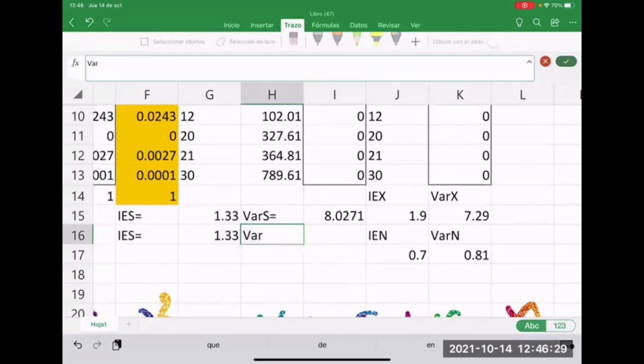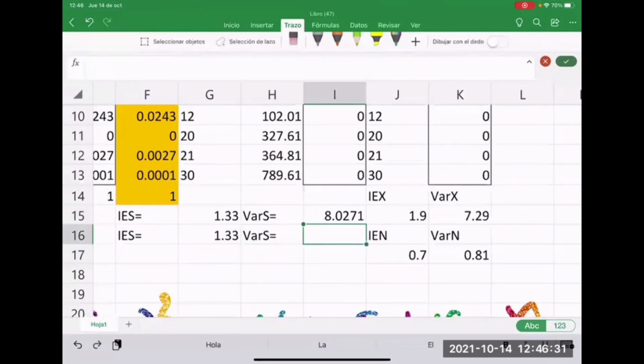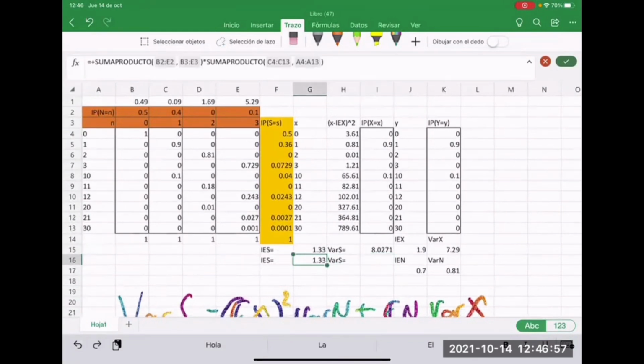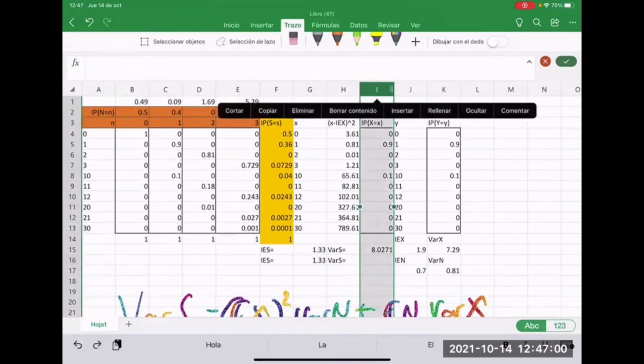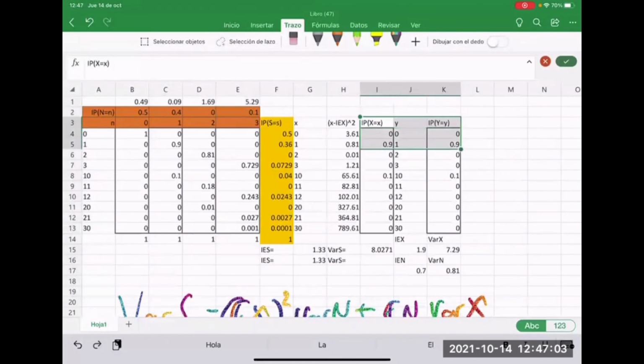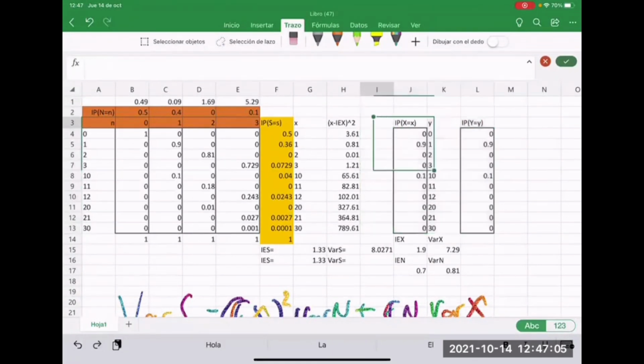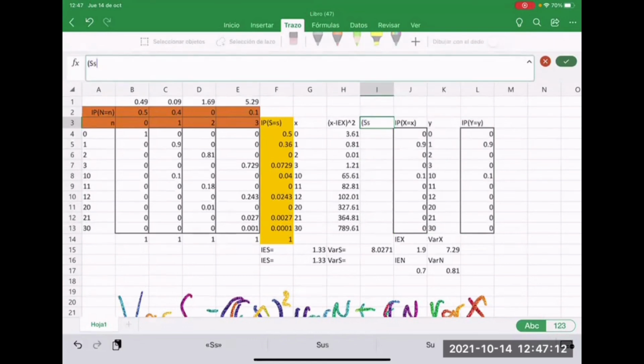We can also take the variance of S in another way. All we need to do now is to have another column here for S, like this: S minus the expectation of S, squared. All we need to do is to take the S, which is this here, minus the expectation of S, which is around here, fixed. Then I'm going to raise it to the second power.